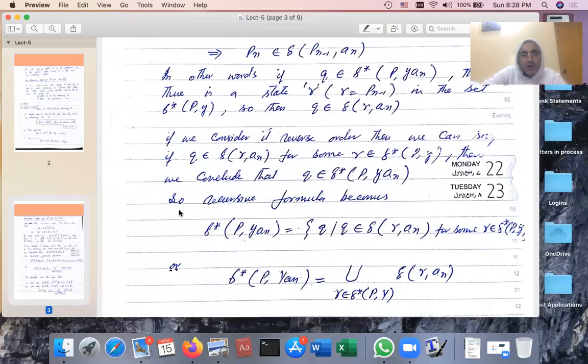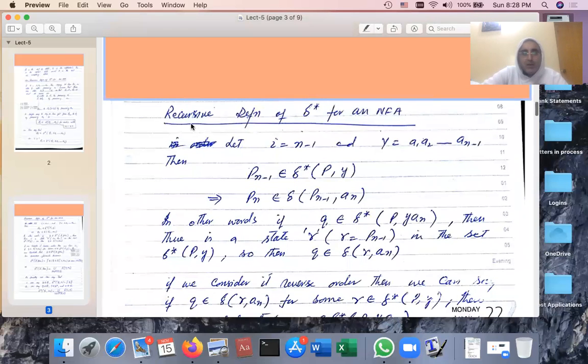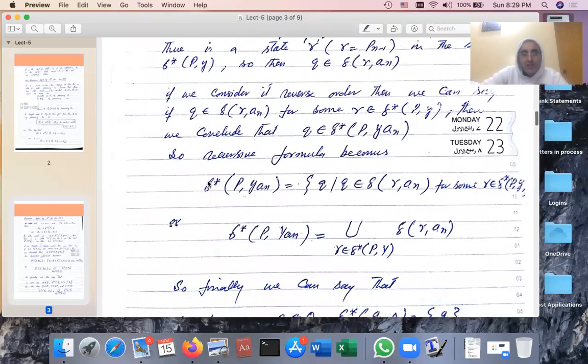Now I can finalize my recursive formula, because I am discussing the recursive definition of delta star for an NFA. So now my recursive formula would be like this: delta star from initial state P after processing some string Y without An, but with An at the end now.